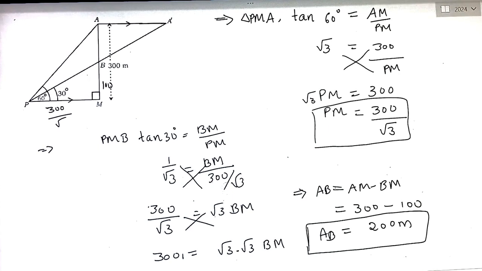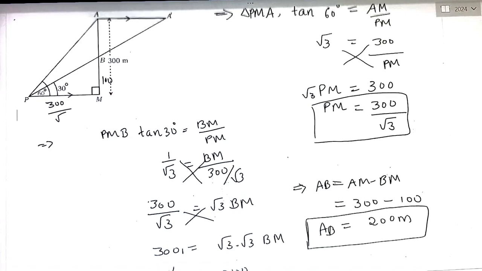So if it is 30 degree, then angle A dash will be 30 degree, because A dash is equivalent to this PM side. So if this is 30 degree, then here A dash will be 30 degree. So we need to take the triangle A B A dash to solve for the A dash B side.